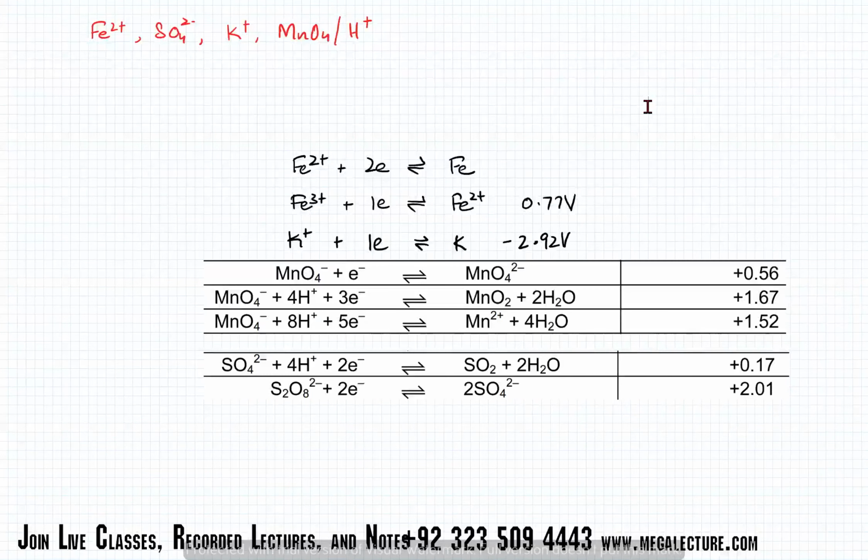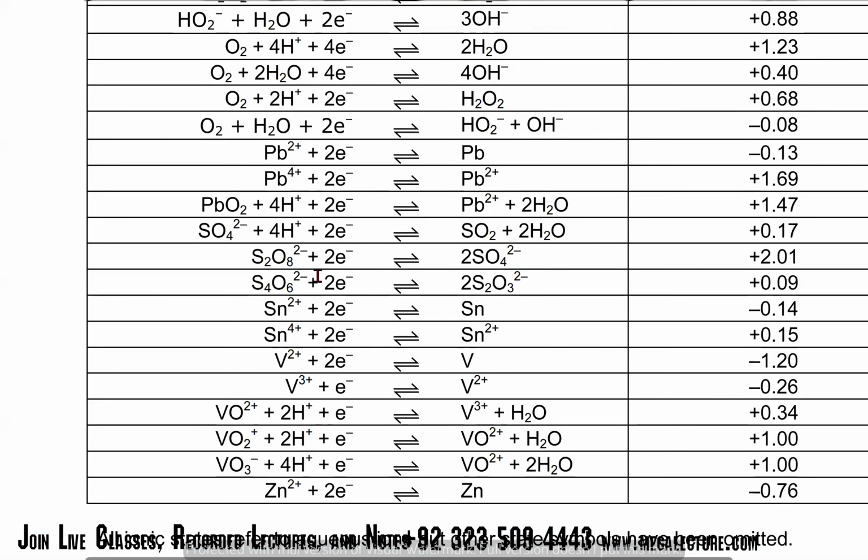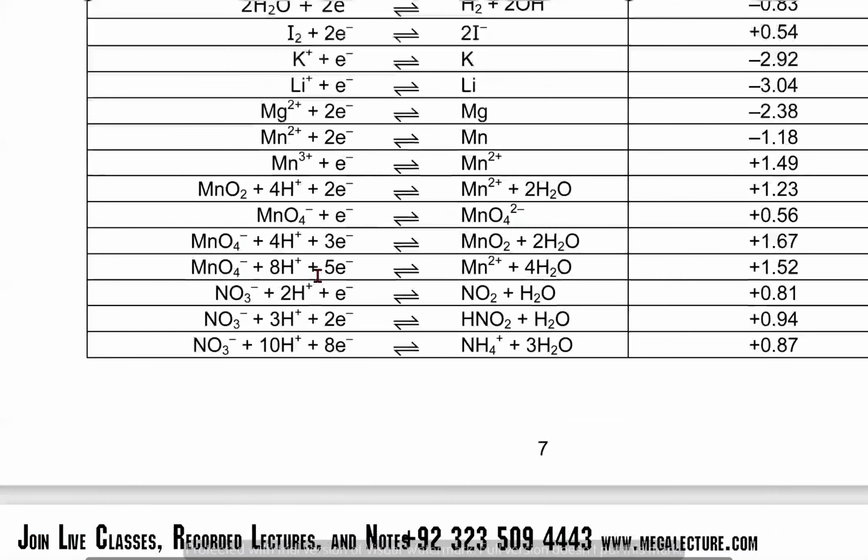So I'm going to try and figure out the first reaction. The very first reaction is, out of all of them, I'm going to look for the highest potential. That's the one that's going to gain electrons. So the highest is this one. Which is the Fe2+ equation? This one, Fe2+ Fe3+. Let me find Fe2+.